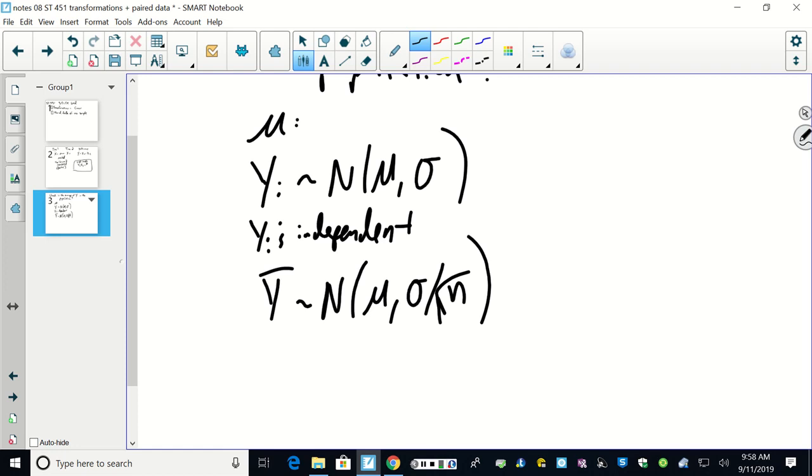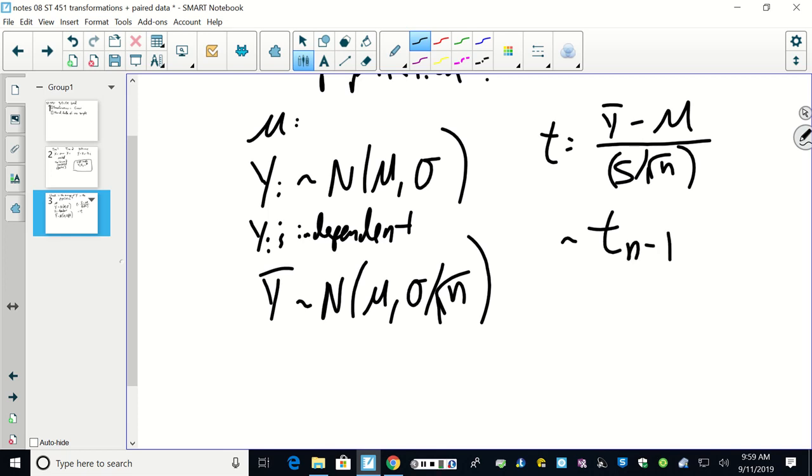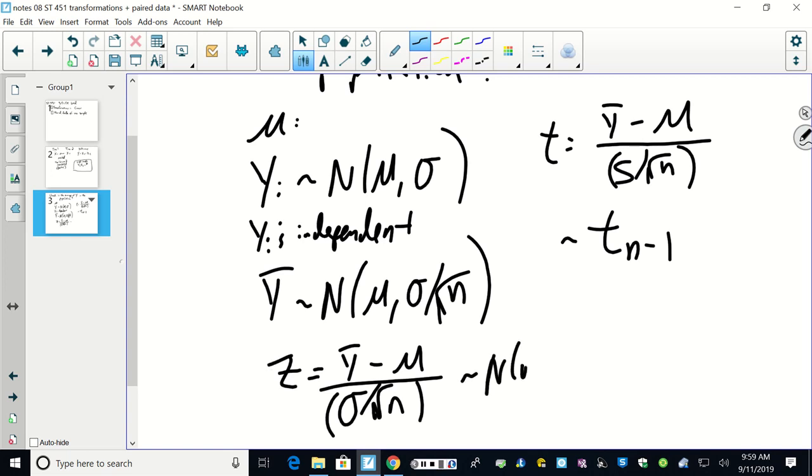It turns out that if you take y bar minus mu divided by the sample standard deviation, s over the square root of n, this thing is distributed as a t distribution with n minus 1. If you knew sigma, you could divide by sigma over the square root of n to standardize the difference between y bar and mu, and this thing would be like a standard normal in probability theory.